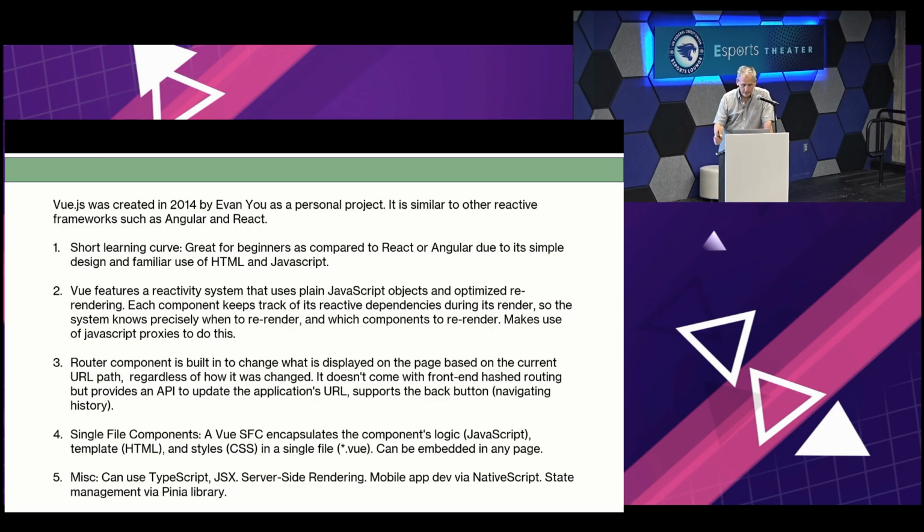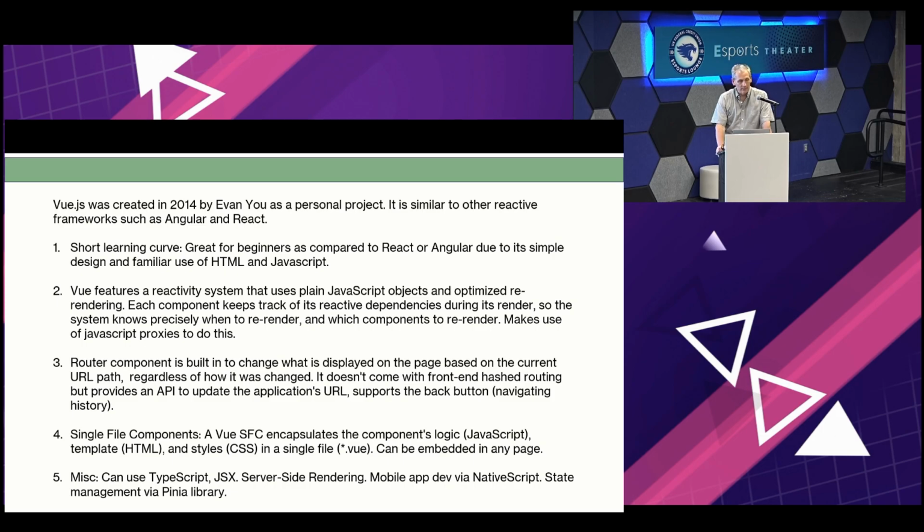One of the nice things I like about it is they actually have a built-in router. It's kind of hard to explain to someone that's not really into these frameworks, but it does allow single-page applications to be written really easily.